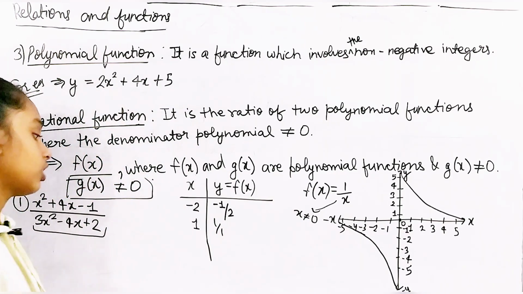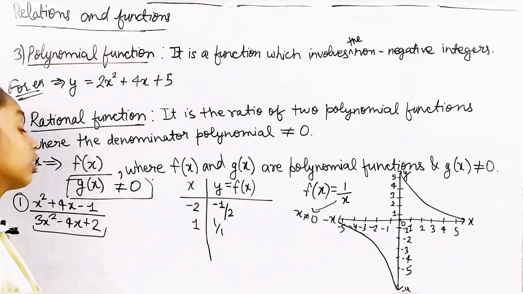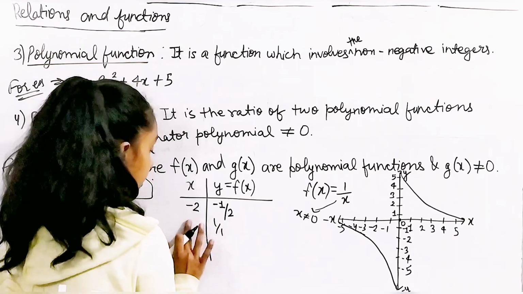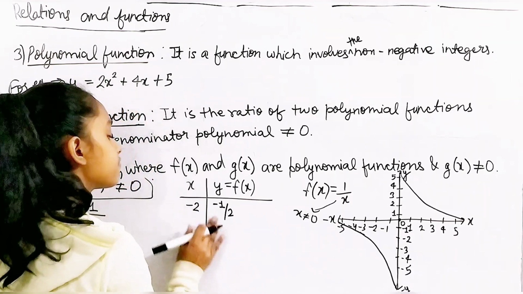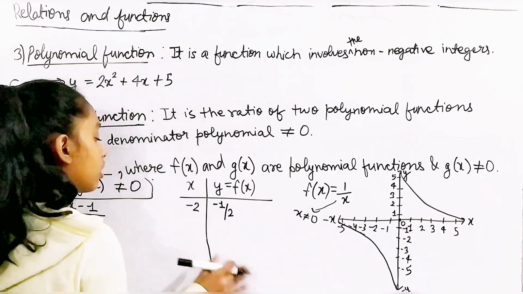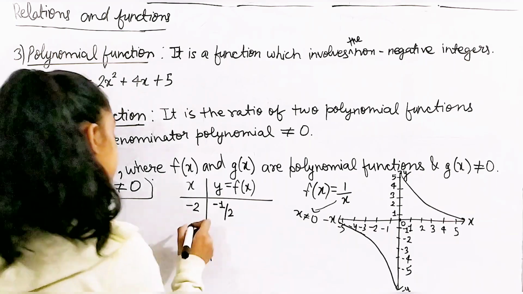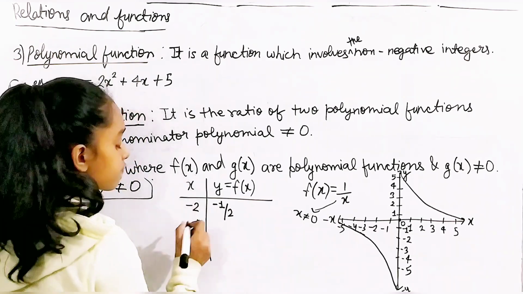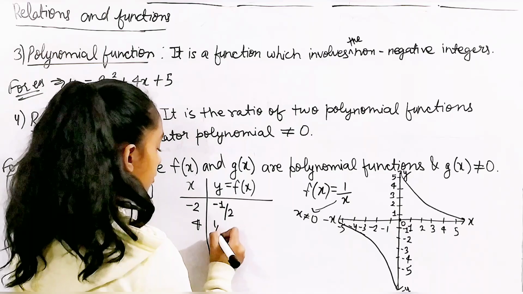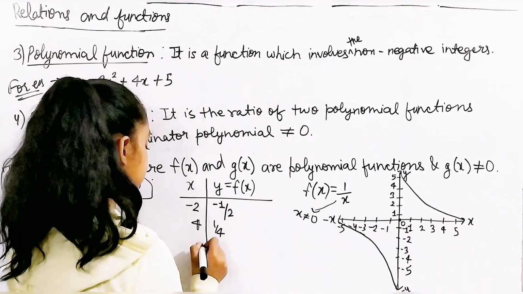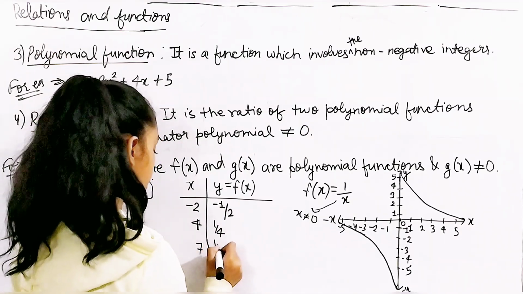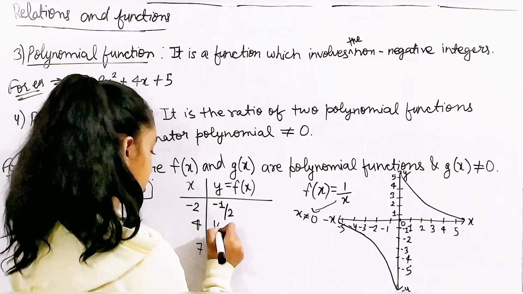Then let's take any other number. Let me take 4, so 4 is going to be 1/4, and if I take 7 it's going to be 1/7.